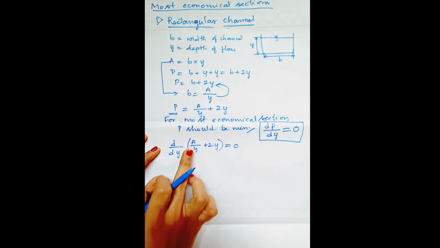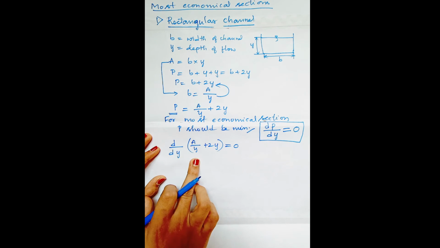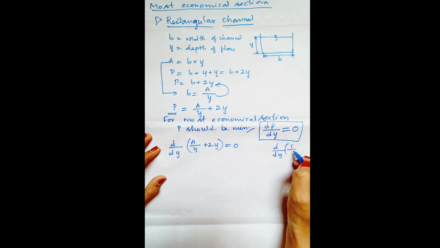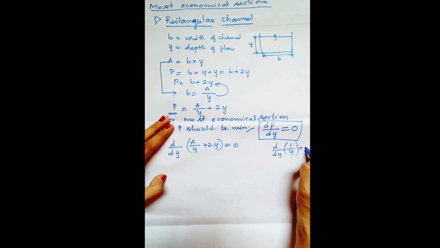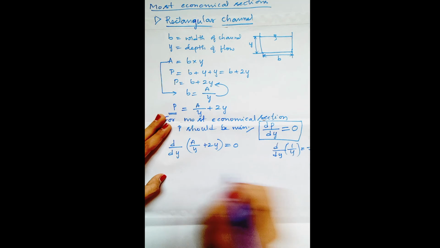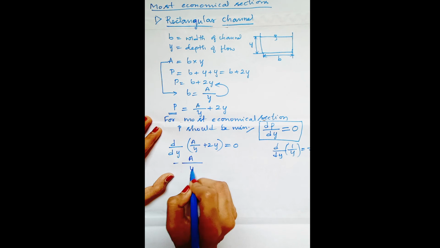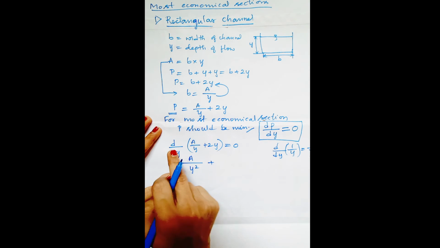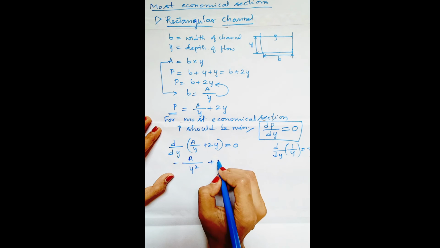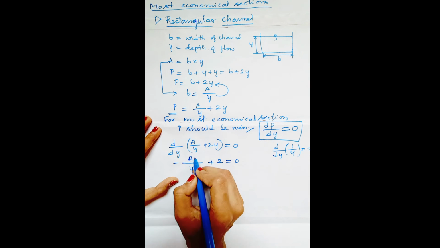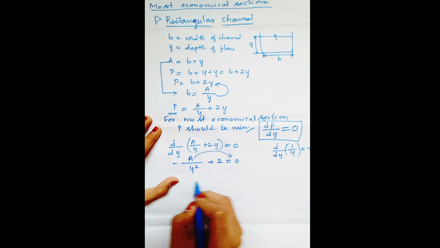The differentiation of 1 by y is minus 1 by y square. A is constant, so it will be minus A by y square, and the differentiation of 2y with respect to y is 2, equal to 0. We send this to the right hand side to eliminate the negative sign.